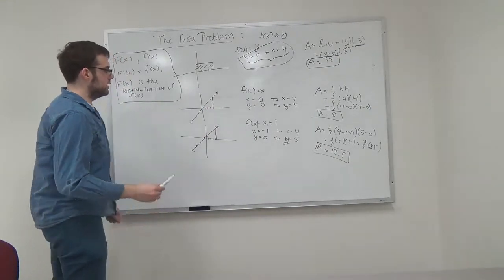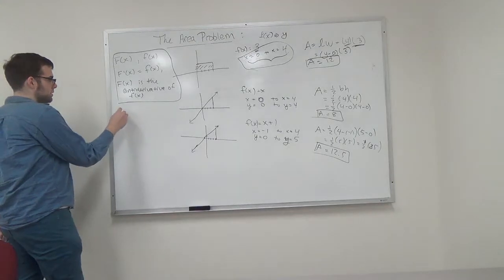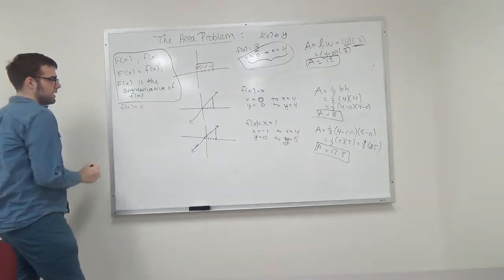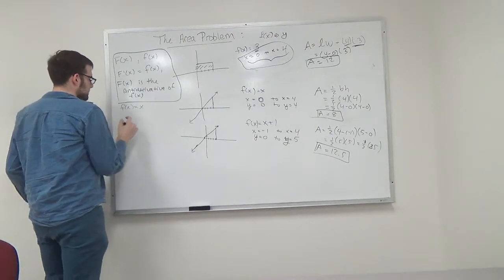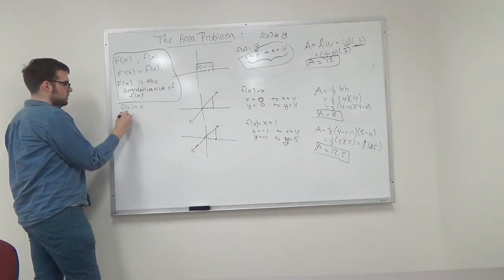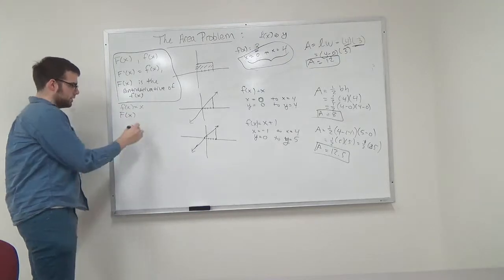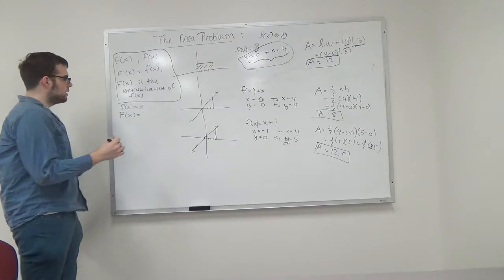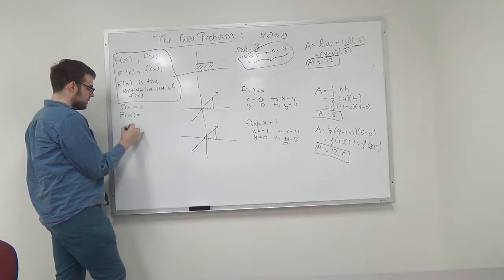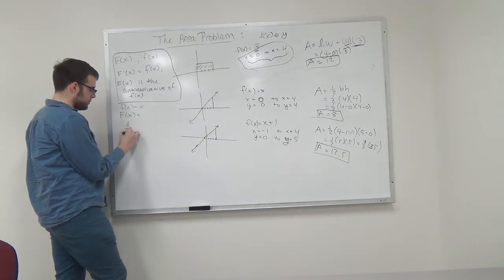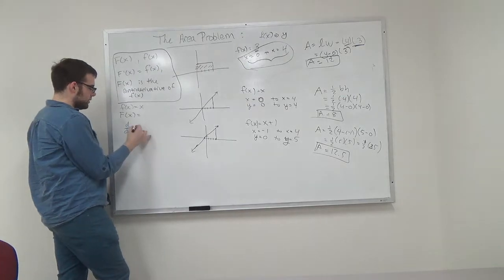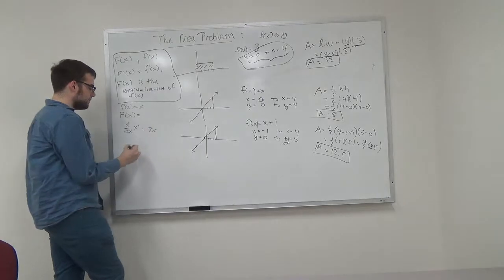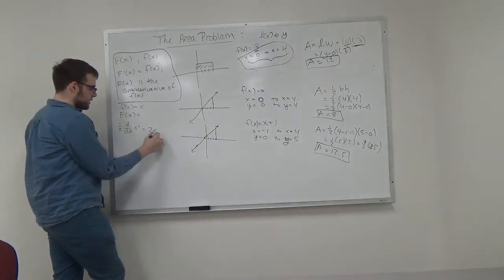Now let's look at this function. We have f of x is equal to x. So we want a function where the derivative is equal to x. Let's look back a little bit to derivatives. The derivative of x squared is equal to 2x. So let's say we divide by 2.